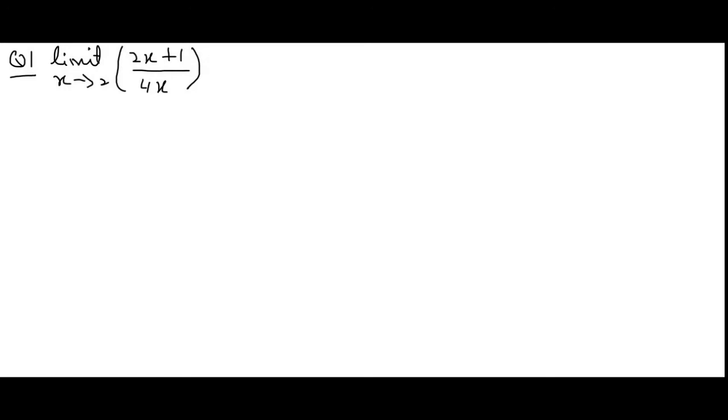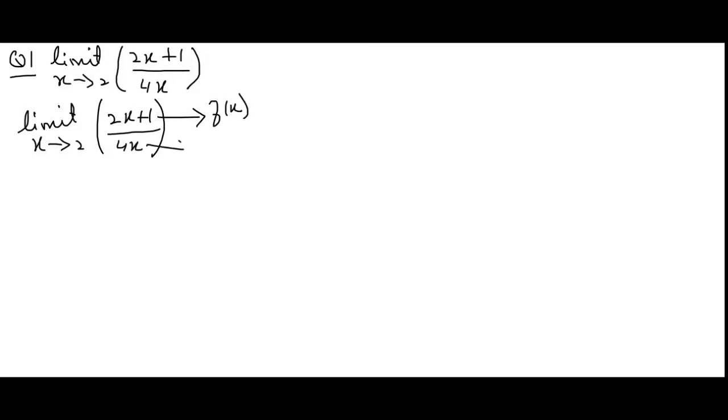So, if we study this function as limit x approaches to 2, 2x plus 1 over 4x. Now this 2x plus 1 represents f of x and this represents g of x.